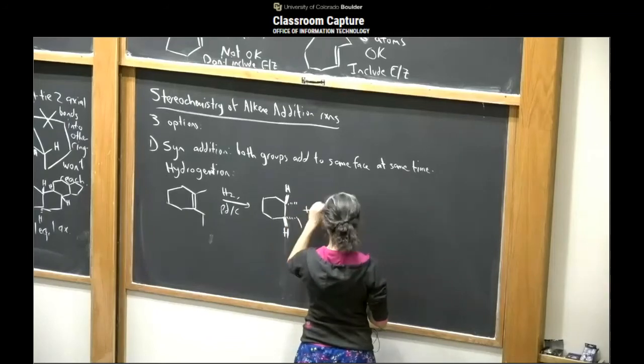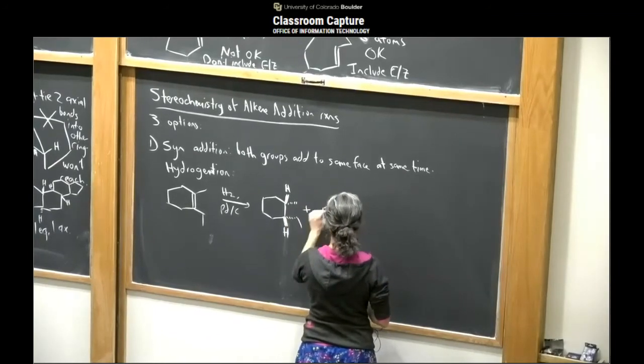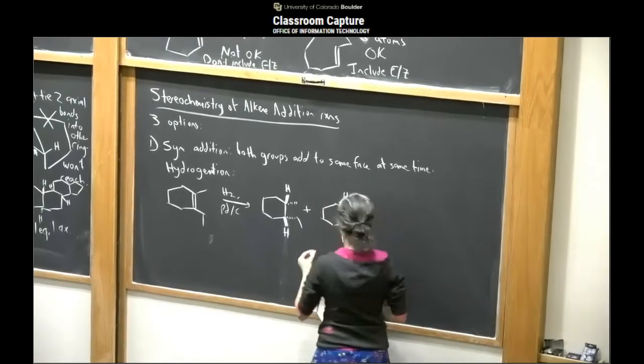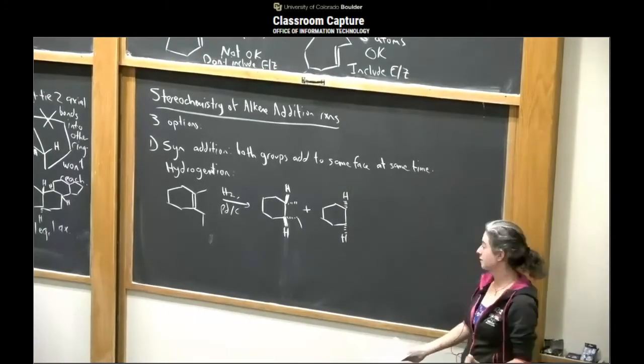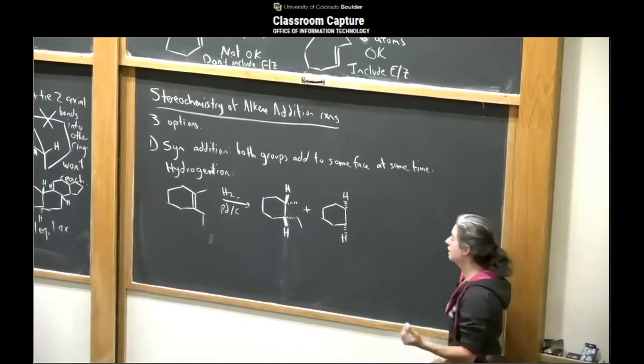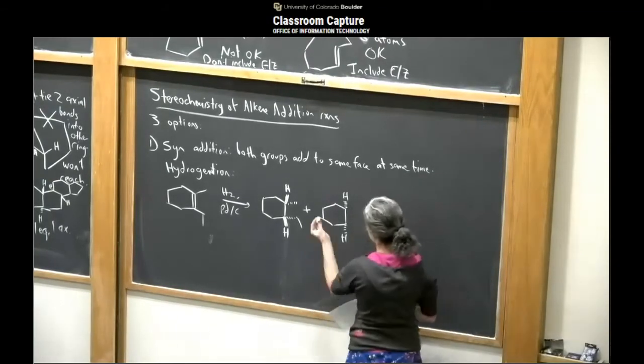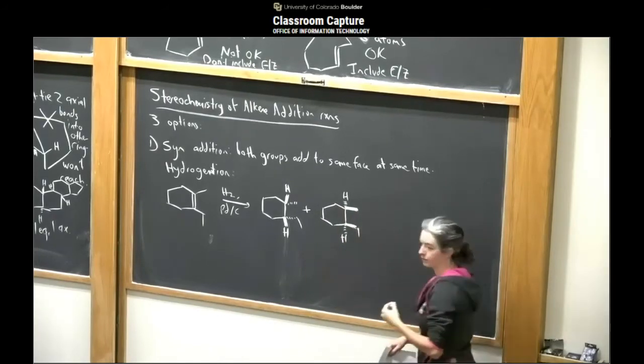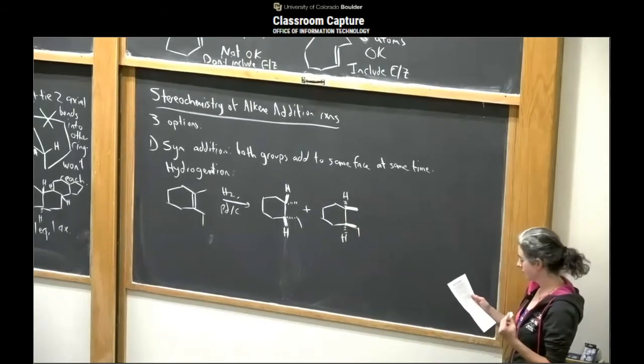And the other possibility is my H's could both add to the underface of the molecule, which means they'd both be ended up as dashed bonds. And that means my other two alkyl groups get shoved to the front. So methyl is bold and ethyl is bold.